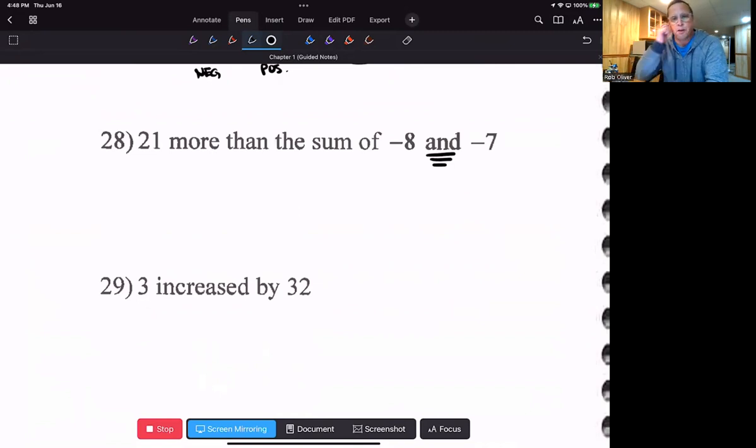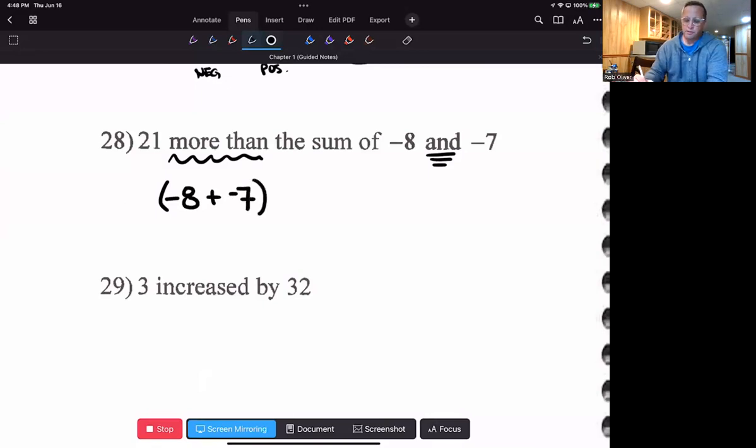We've got 21 more than, so we put that after it. We're going to put -8 and -7 in parentheses, and then put plus 21 at the end, because it says 21 more than the sum of -8 and -7.